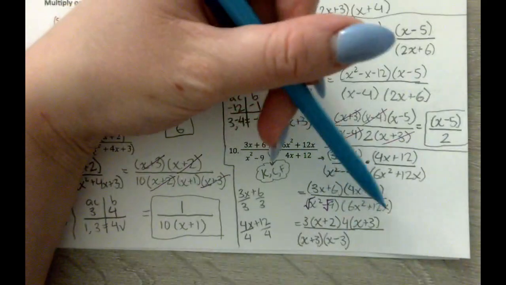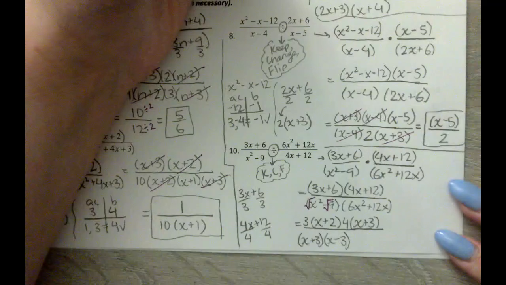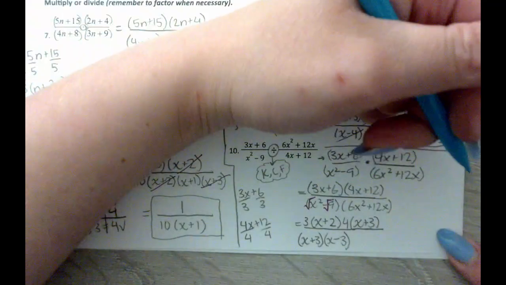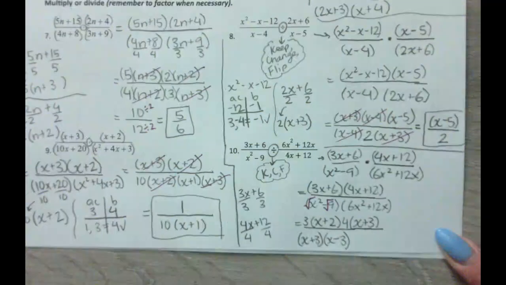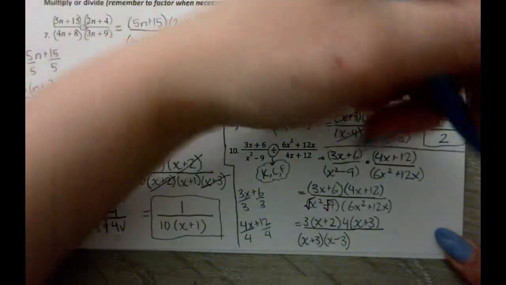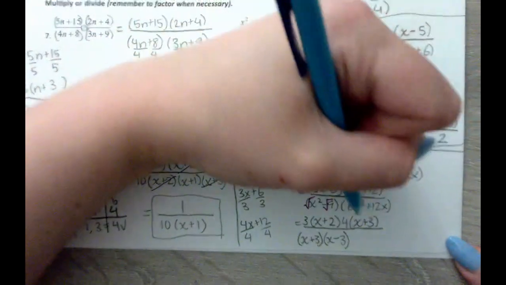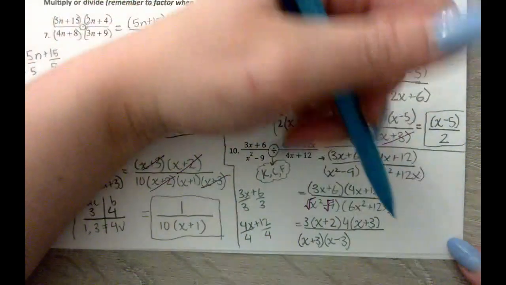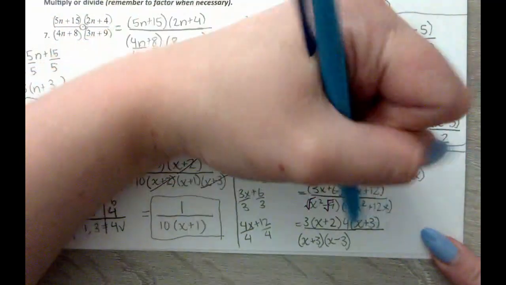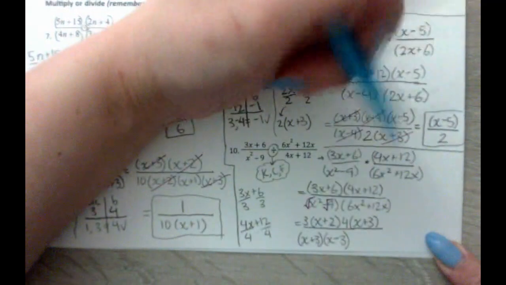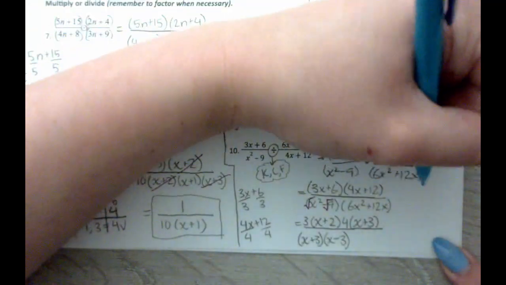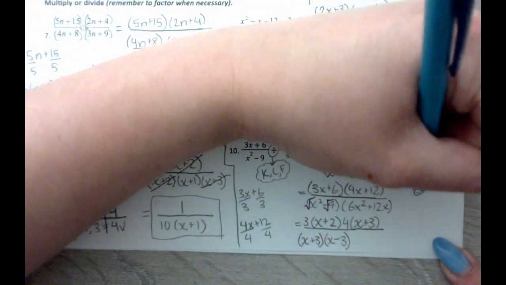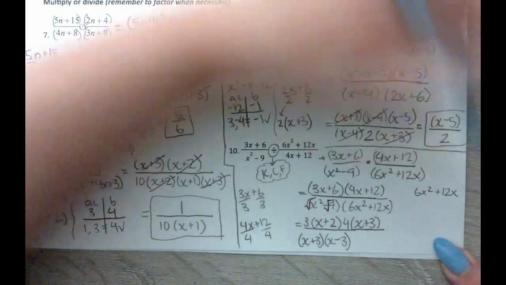6x squared plus 12x. I'm going to squeeze this work into here because I do need this space over here, unfortunately. I'll make it work. So 6x squared plus 12x.